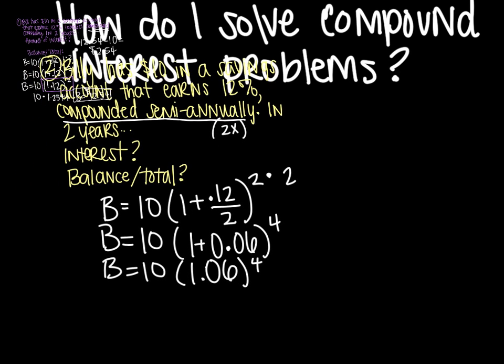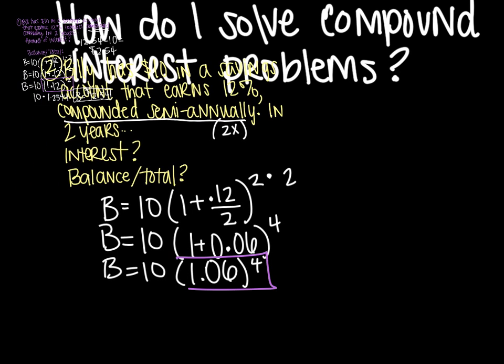Have to do exponents next, which is the most common mistake for people to make. So 1.06 to the 4th gives you an answer of 1.1236, and then we're going to multiply that by 10 to find our balance.